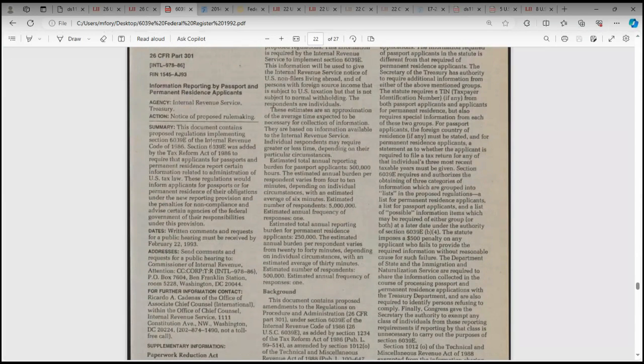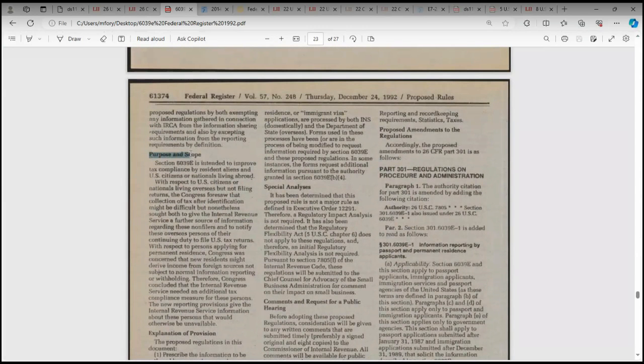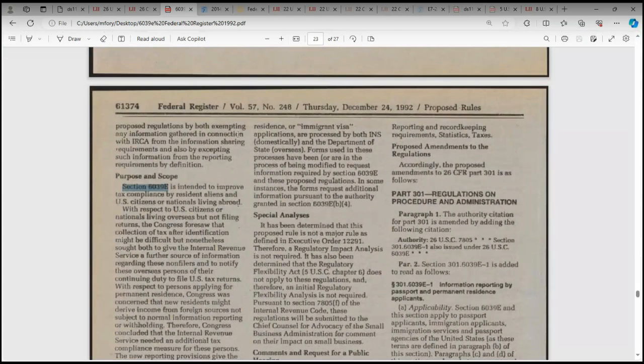I already have that pinned in my Telegram page and everything, so you guys should have every opportunity to read this yourself. What I am going to go to is the purpose and the scope of Section 6039E, because that's what this amendment is. That's what this Federal Register is.